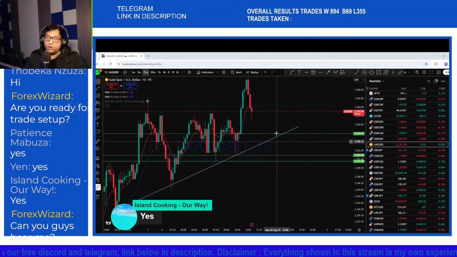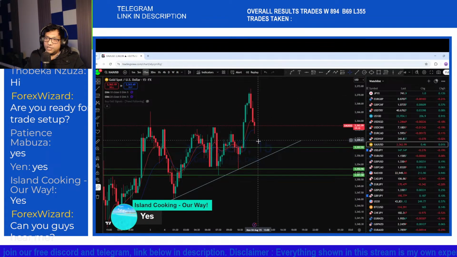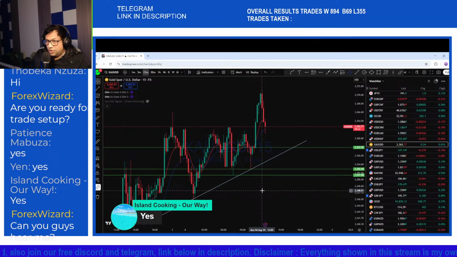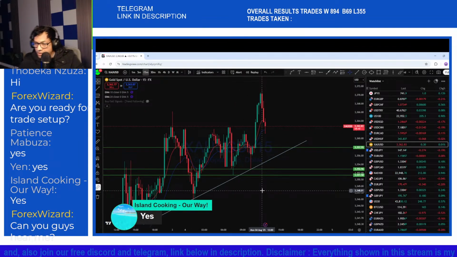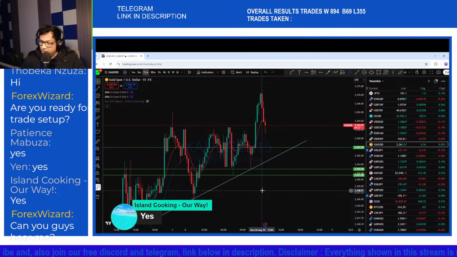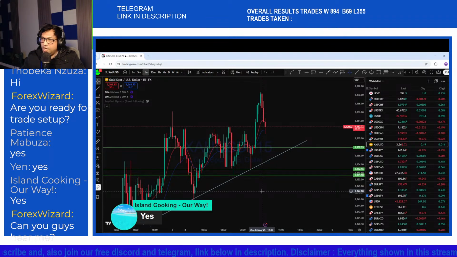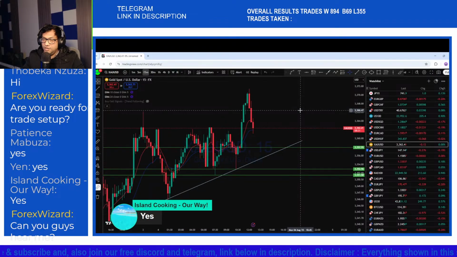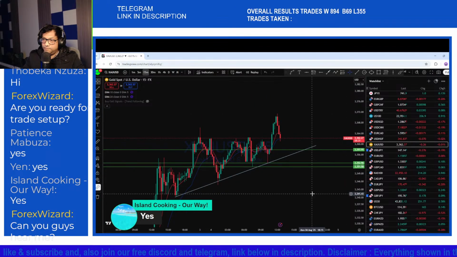Here's the move on XAUUSD, expecting the market to come back here and then to return to the upside to create a new higher high in this market. We'll be looking into that. Let's wait to see where the market is heading.